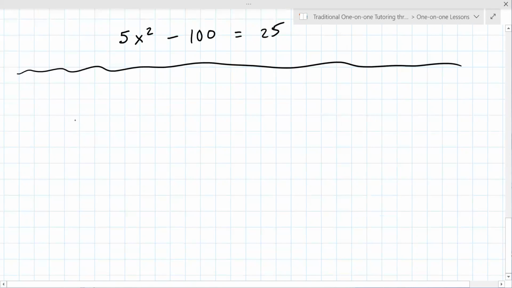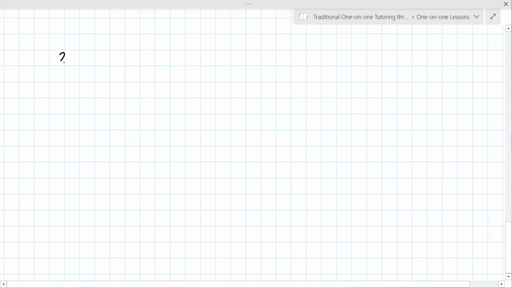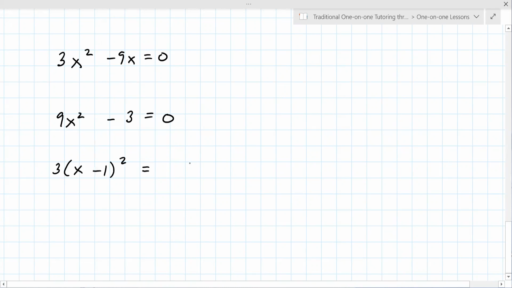Okay, so let's do a little synthesis here. You tell me which property it is. It's just the two options here. We'll give you a couple of problems. Give me just a moment.